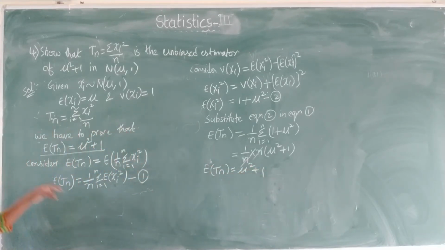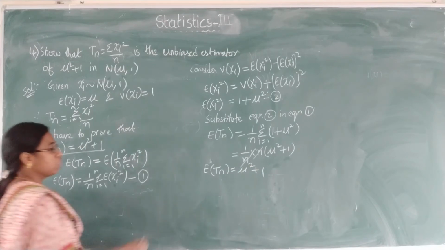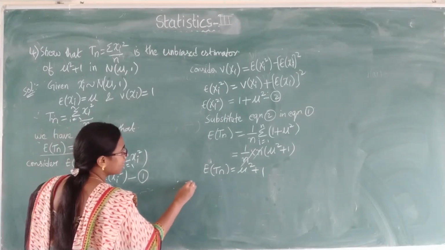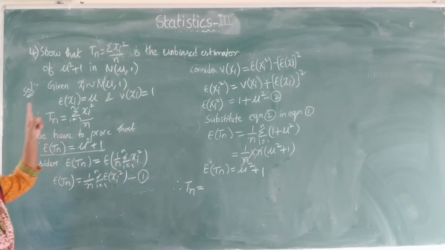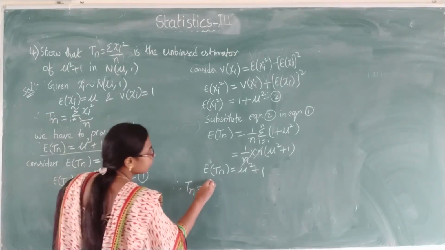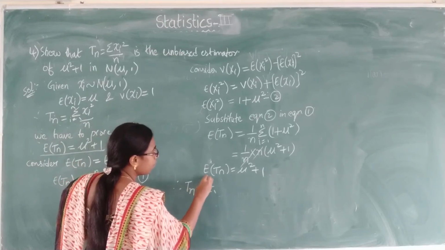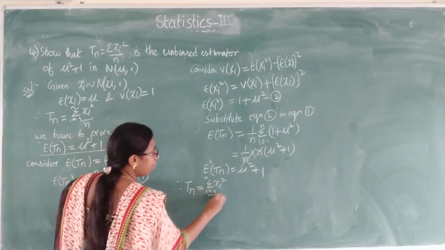So this is what we were required to prove, that expectation of Tn equals mu square plus 1. Therefore Tn is the unbiased estimator. What is the Tn value? Tn equals summation i equals 1 to n xi square by n.